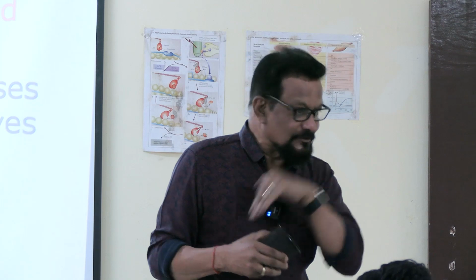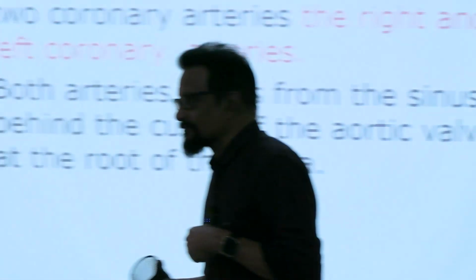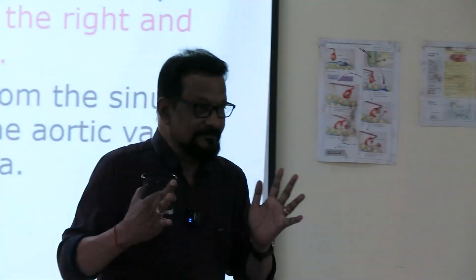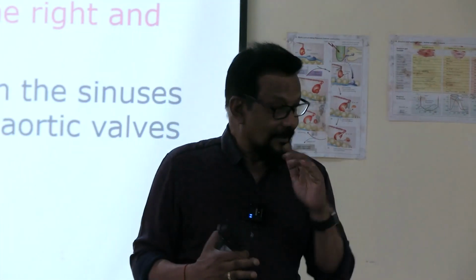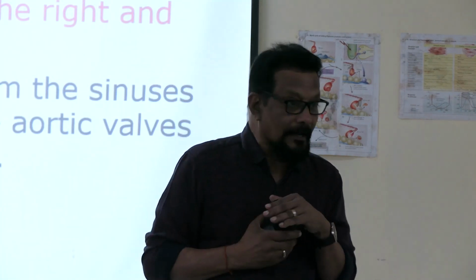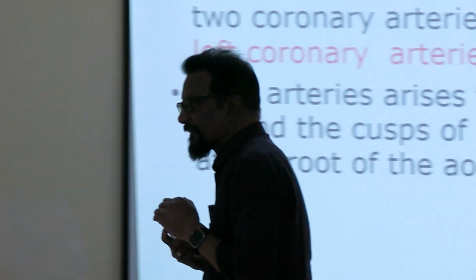As a result, blood flow is reduced during systole. But the opposite happens during diastole. During diastole, the wall is relaxed and the valves are closed. Now we know why we hear the second heart sound. Why do we hear the second heart sound?